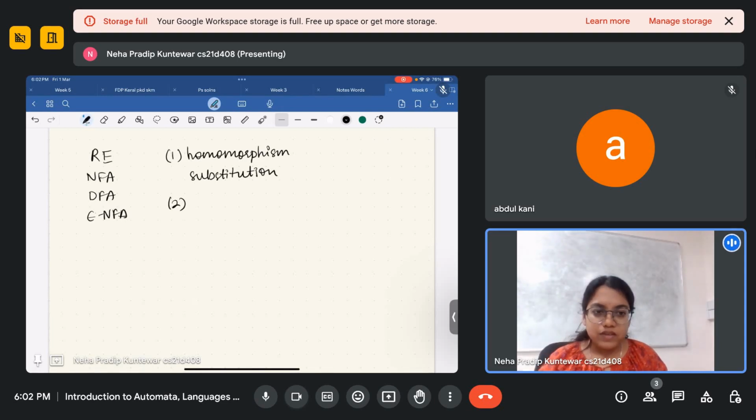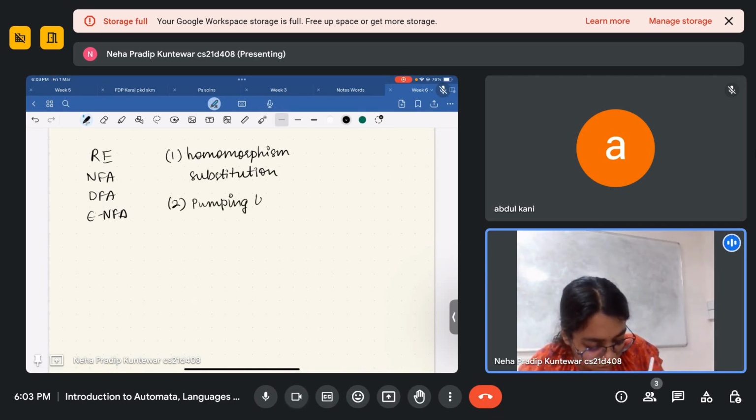But what if the language is not regular? Then how do we show that there is no DFA or no NFA and so on? For that, we use something called the pumping lemma, and we will look at several examples of showing that a language is not regular using the pumping lemma.